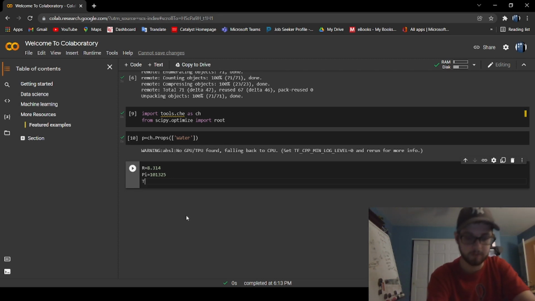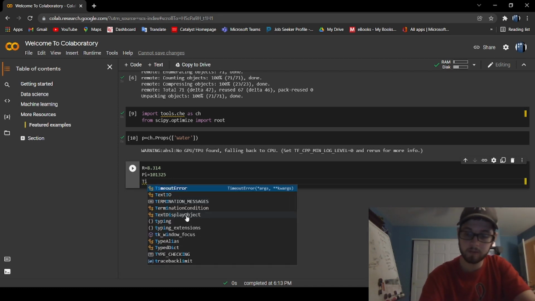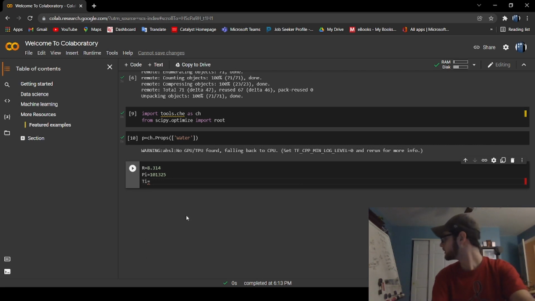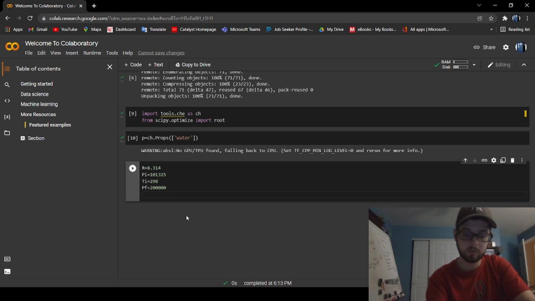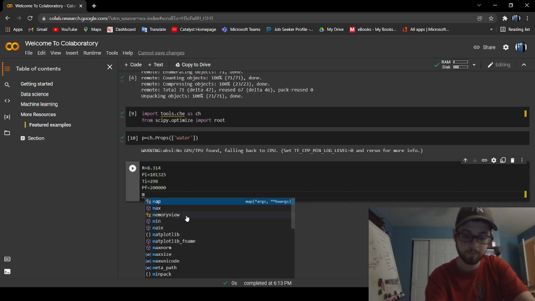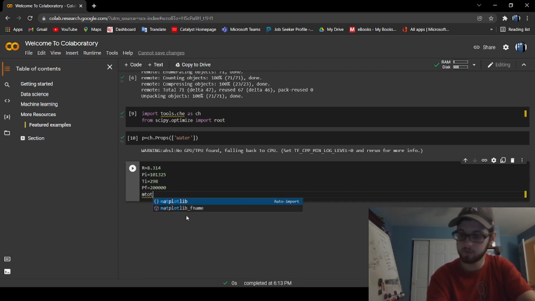The initial temperature is equal to 298 Kelvin. The final pressure is equal to 200,000 pascals. The total mass of water is equal to 1 kilogram.